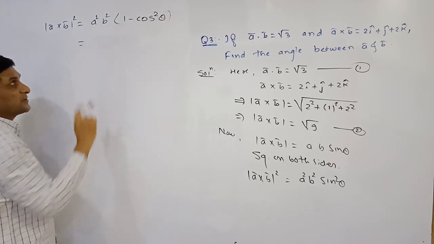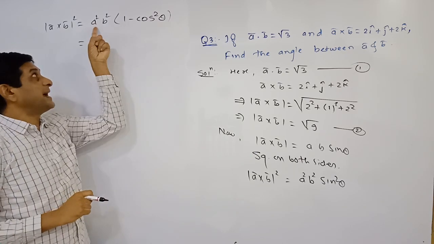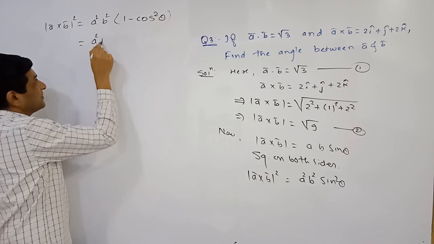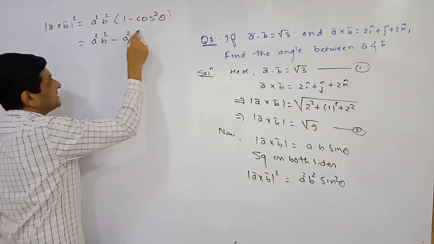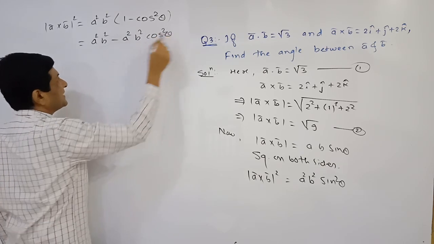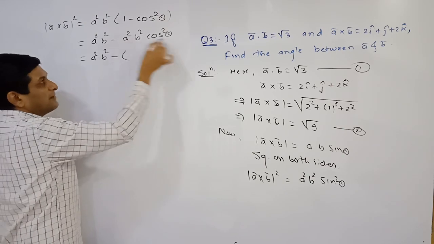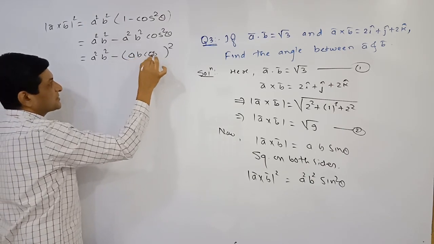Now there are two terms in this bracket. Multiplying both terms by A square B square, the first term gives A square B square, and the second gives A square B square cos square theta. Keep the first term as it is. Taking the square common, we get AB cos theta.